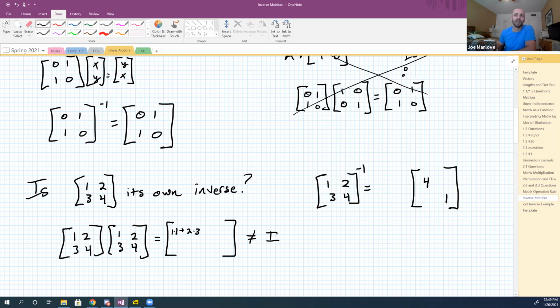You slap a minus sign on the anti-diagonal and multiply by 1 over the product of the diagonal, so 4 minus the product of the anti-diagonal, 6. This is a total cheater trick. I encourage you to memorize it because it makes your life hella easy.